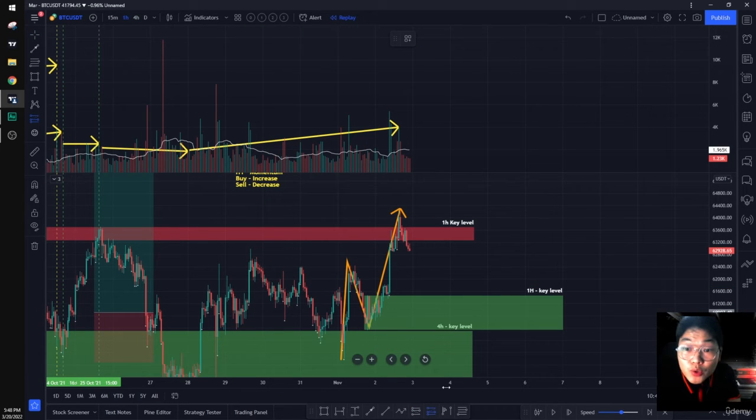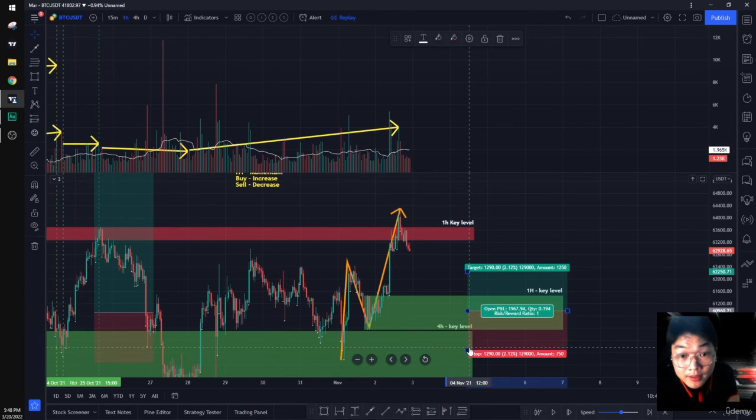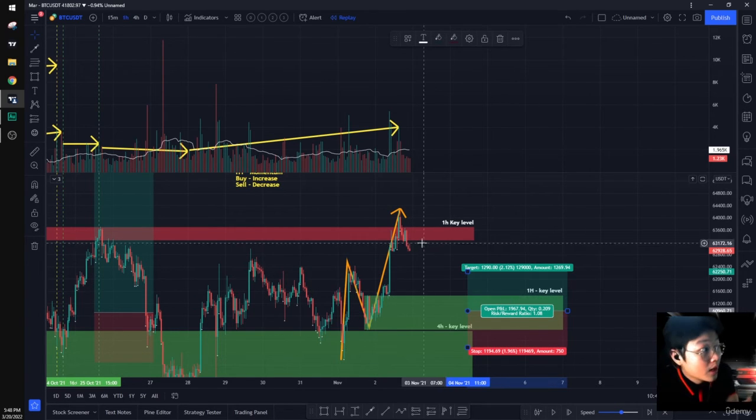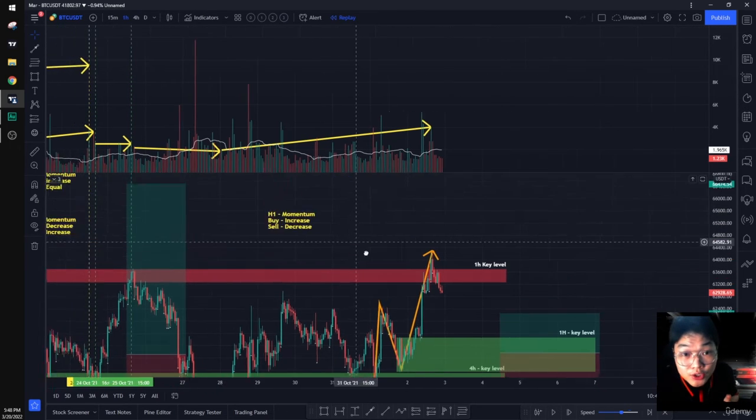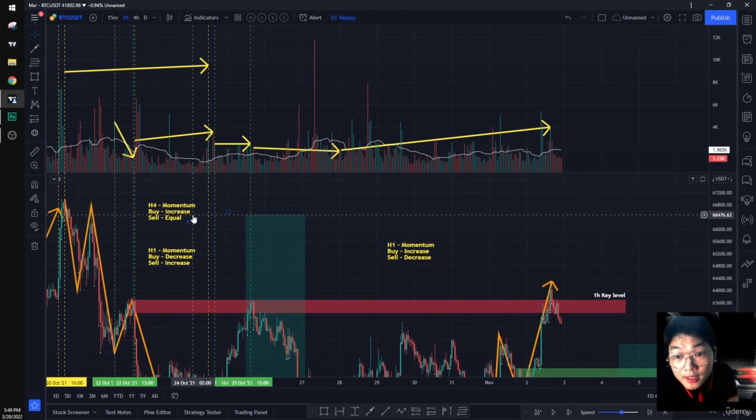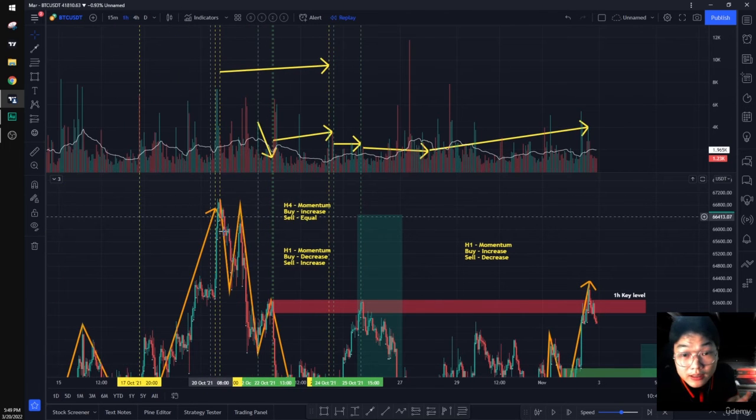At this time, you can wait for price to pull back into the 1 hour key level to see some candle patterns and combine with the single candle volume to enter. But you can also accept the risk to set limit orders to enter right into the 1 hour key level, with stop loss right below the 1 hour key level. For take profit, because in the 4 hour time frame the buying pressure has increased momentum, you can take profit a little bit higher than the recent high in the 4 hour time frame.